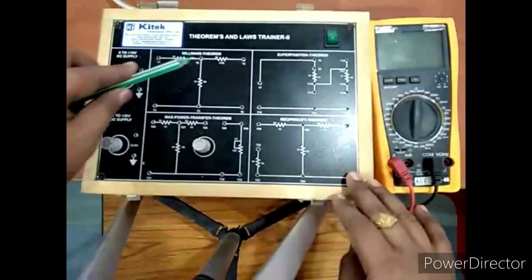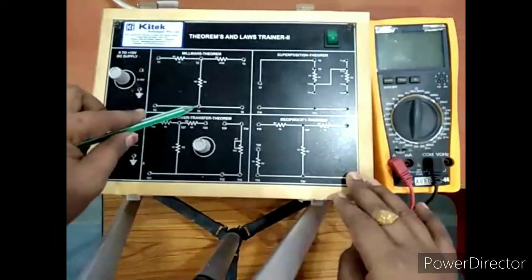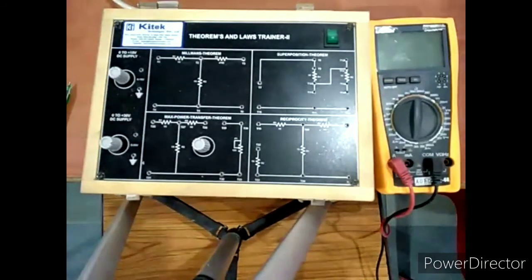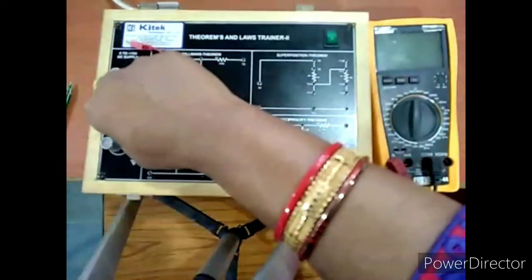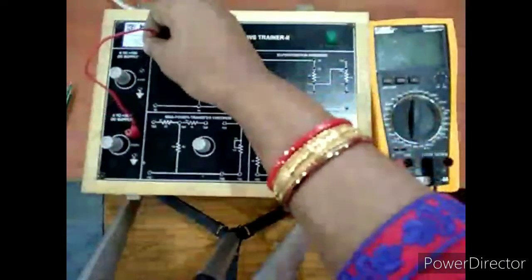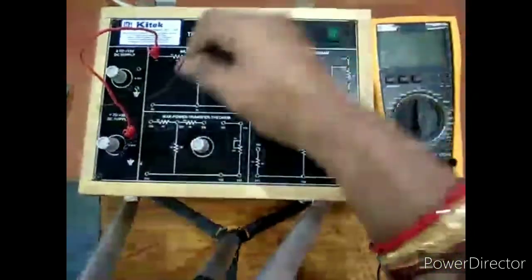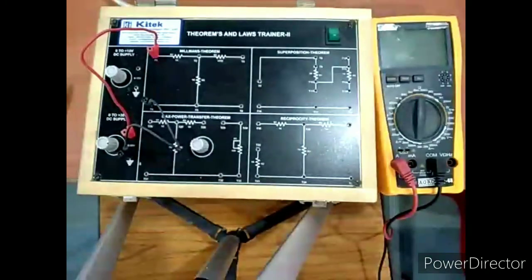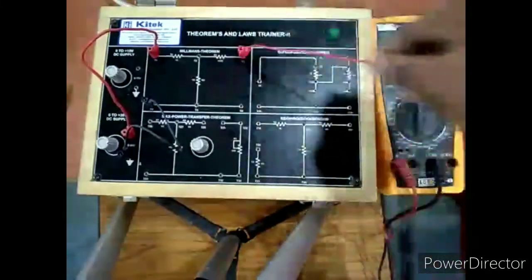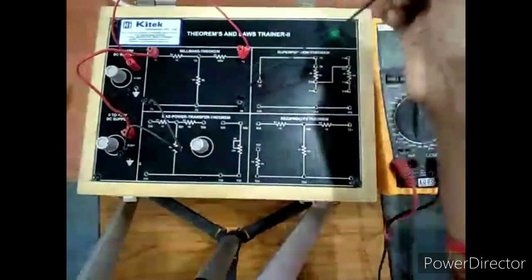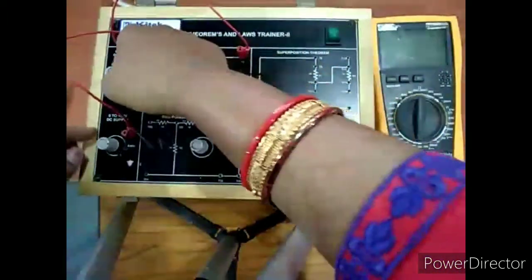For measurement of voltage and current across this 1000 ohm load resistor, I connect this 30 volt with the T1 terminal, the negative terminal to the T4 terminal, that is the ground one, and the T3 terminal to 15 volt and the T6 terminal with the negative terminal of the 15 volt.